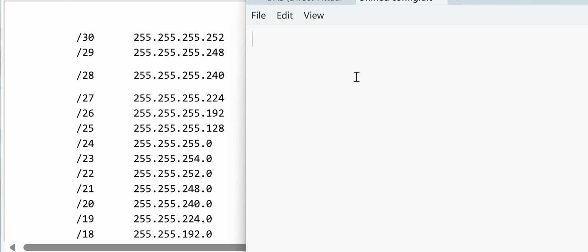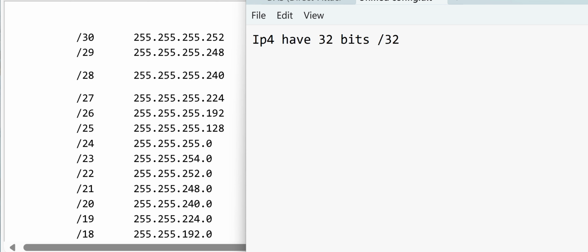So we know IPv4s have 32 bits, right? So if you used every single bit for the network, it would look like this.